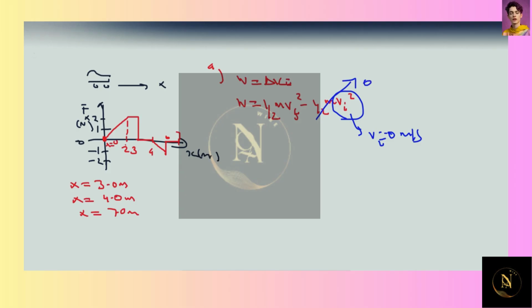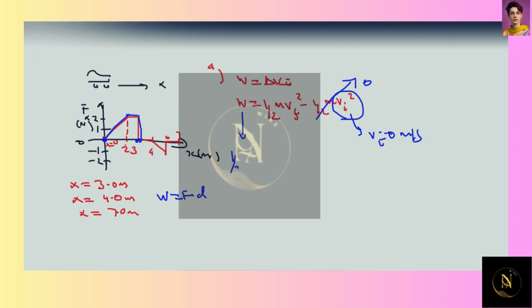We don't have to account for that. We just need to find the work done in moving the car from the point 0 all the way up until the point 3. Because remember, work is force times distance. The y-axis is the force, the x-axis is the distance.